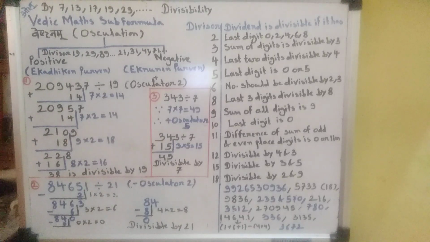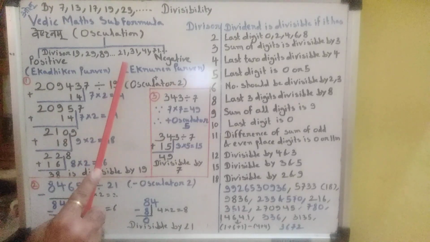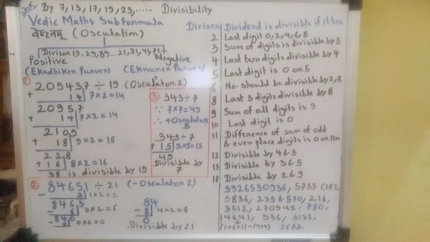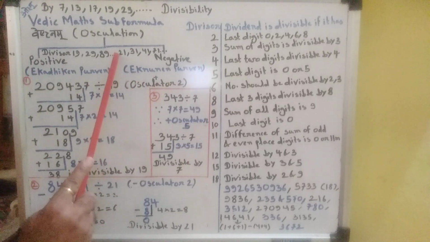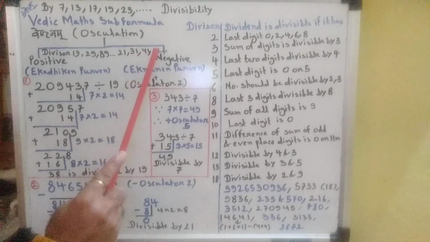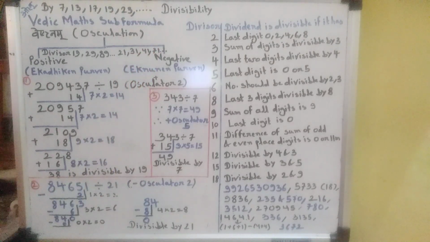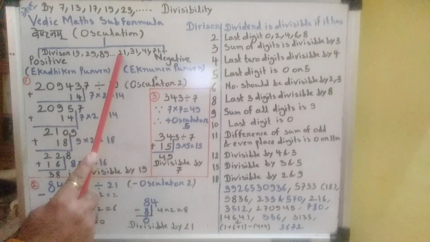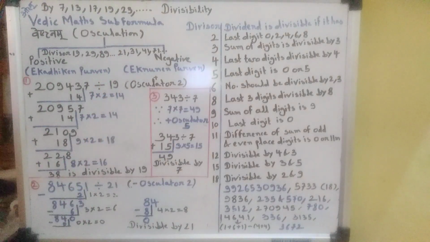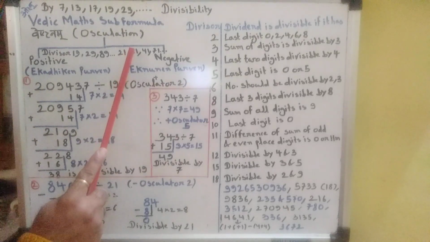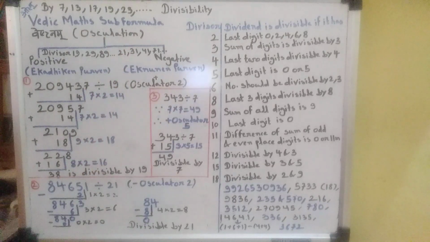Now we study the concept of the negative osculator for numbers ending in 1 like 21, 31, 41, 71 and so on. If we subtract 1 from 21, we get 20 and we find the negative osculator is 2 here. If we subtract 1 from 31, the answer is 30.